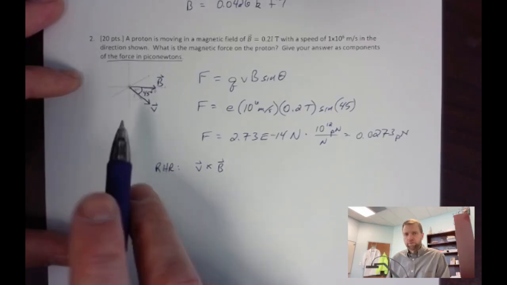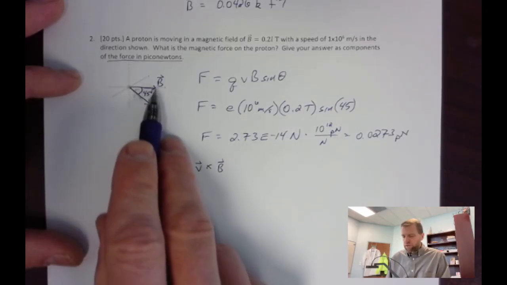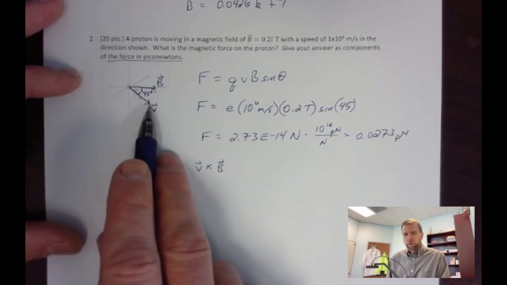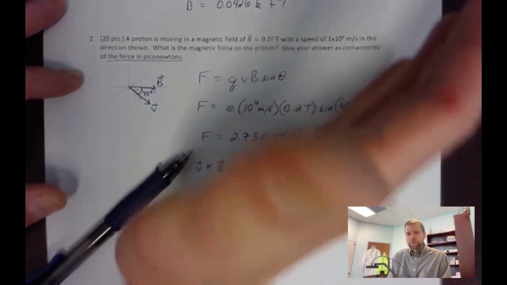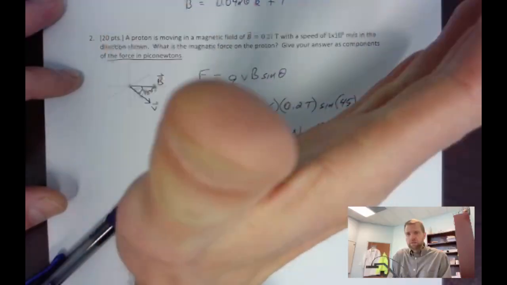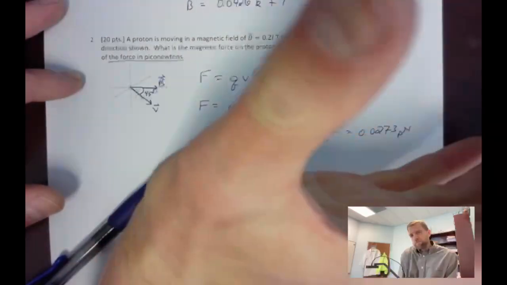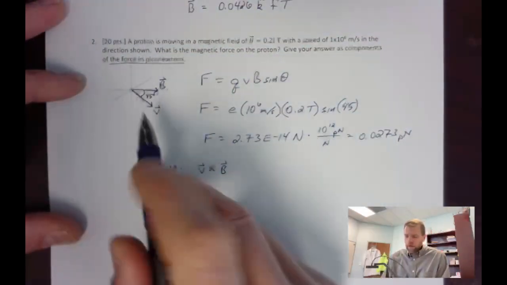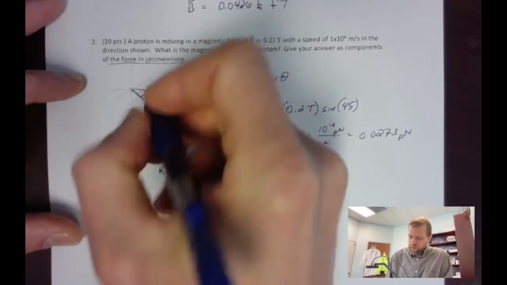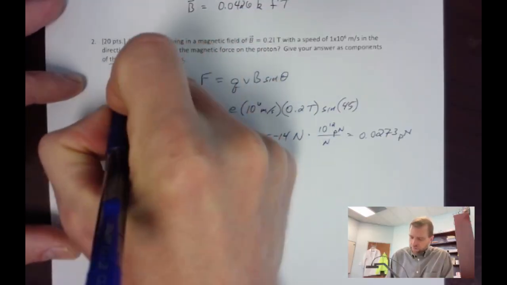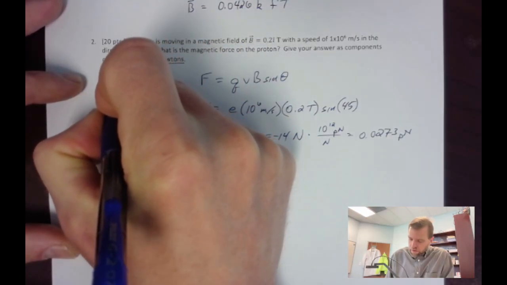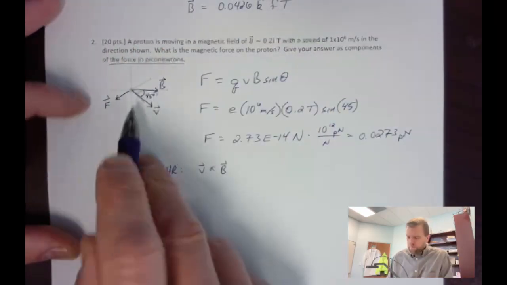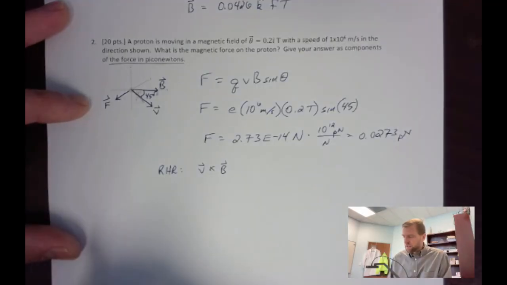So when we do V cross B, we point our fingers in the direction of V and wrap them in the direction of B. My thumb is pointing up, so that's out of the page, which is along the negative y-axis.